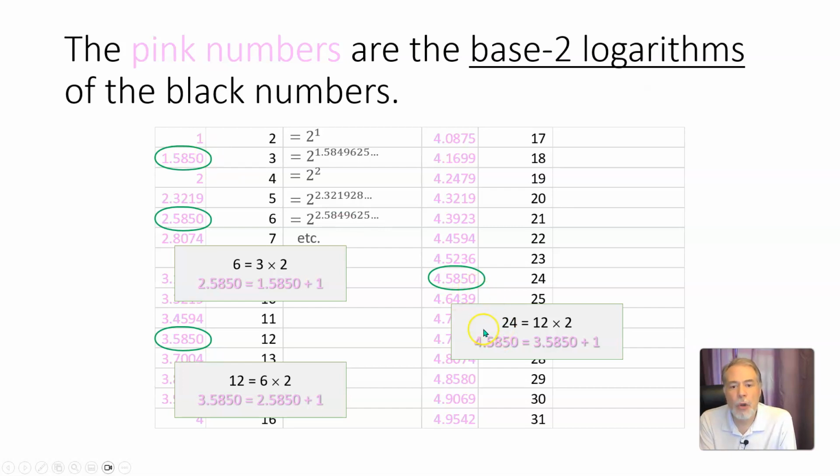So notice how when we're multiplying the black numbers, we are adding the pink numbers. When we're multiplying numbers, we are adding the logarithms of those numbers.